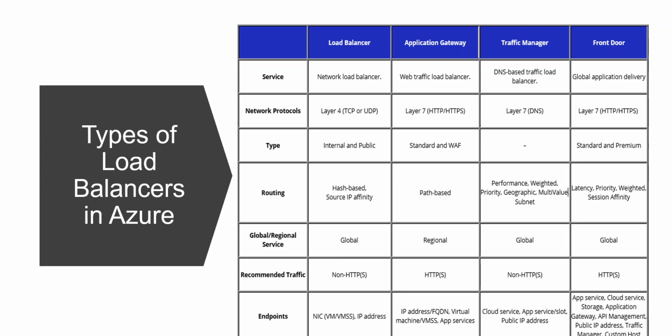In coming slides you will see that organizations use application gateway along with other load balancers, or have a mixed type of usage. But in this video I won't be explaining the other load balancers. I will be focusing mainly on application gateway.